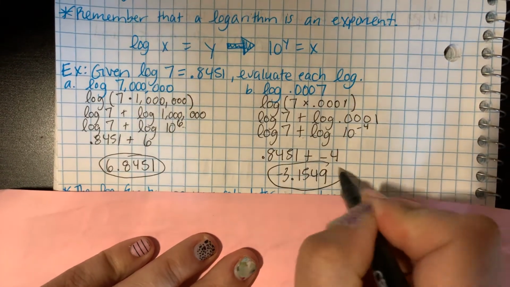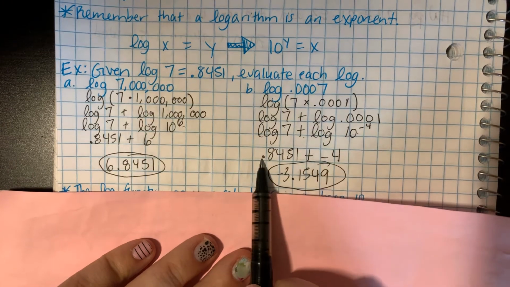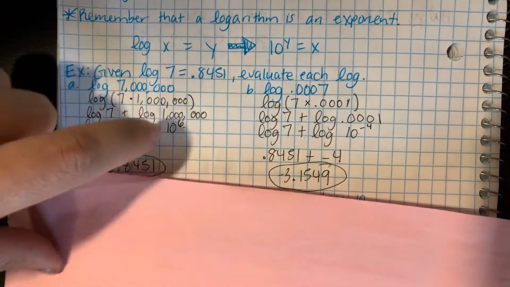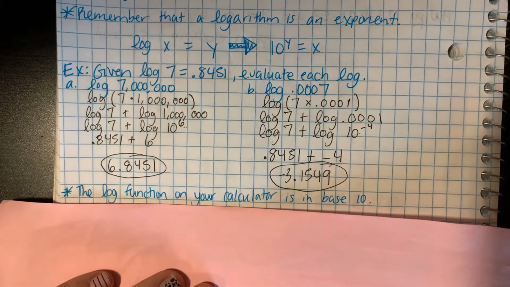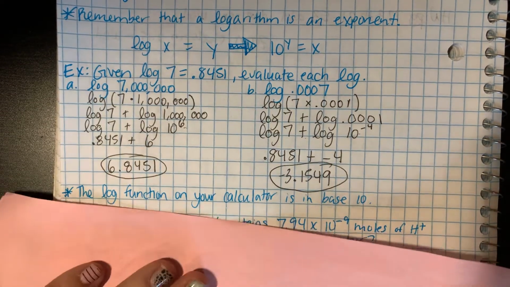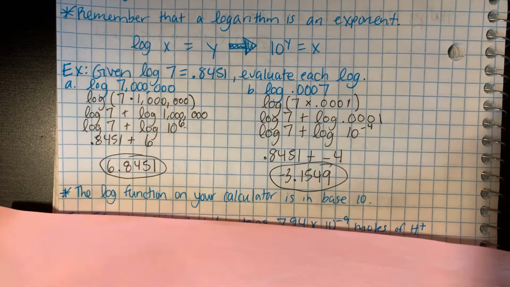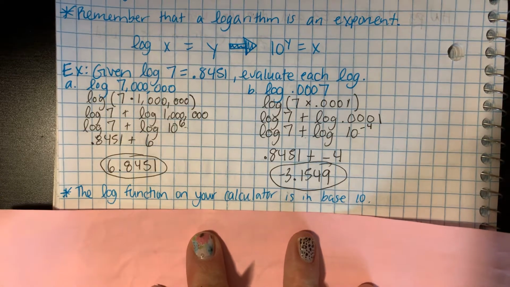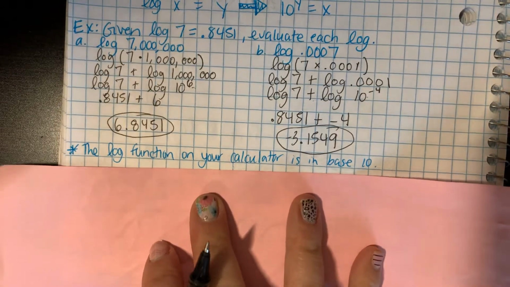Remember, because we have a negative and a positive, we can add them together, but they don't just become one number like over here. Note for you, the log function on your calculator is in base 10. I already said that, but there you go, just so you can write that down.